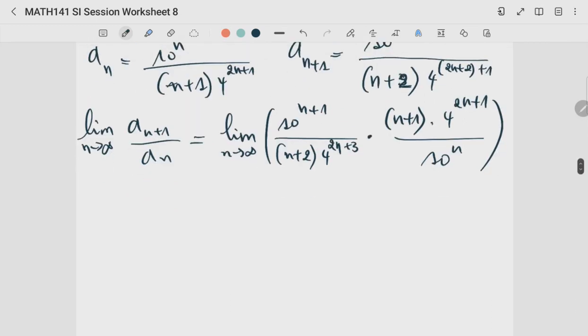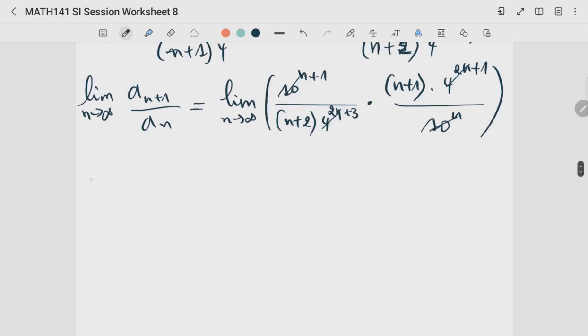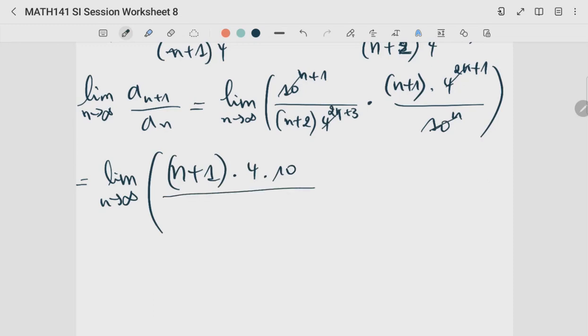Now, let's simplify where we can. 10 to the n will simplify with that. 4 to the 2n will simplify with 4 to the 2n there, to leave us with the limit as n tends to infinity of (n plus 1) times 4 times 10 divided by (n plus 2) times 4 cubed times 1 basically.